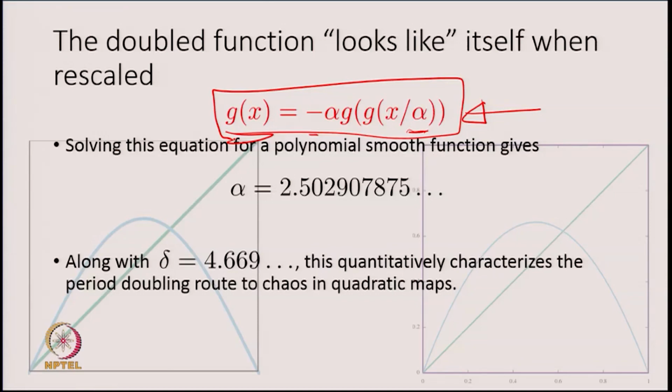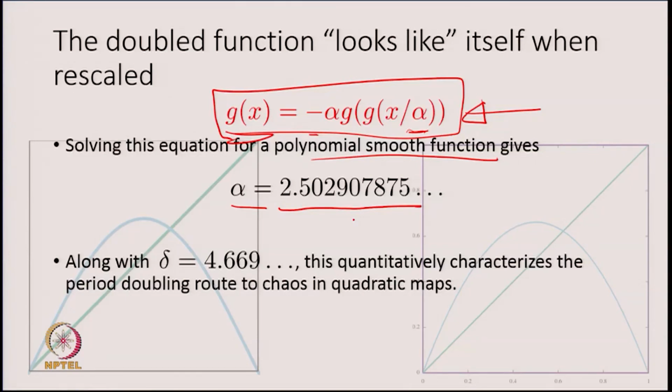And you solve this equation for some polynomial smooth function g. There is a sort of an involved way of doing this, which is described in a series of very nice papers by Feigenbaum. You find that alpha is a number 2.503 or thereabouts, and this is again a universal number which is true for all quadratic maps.